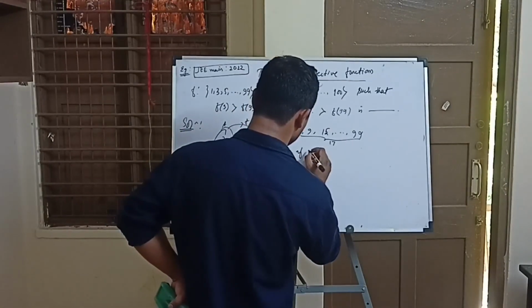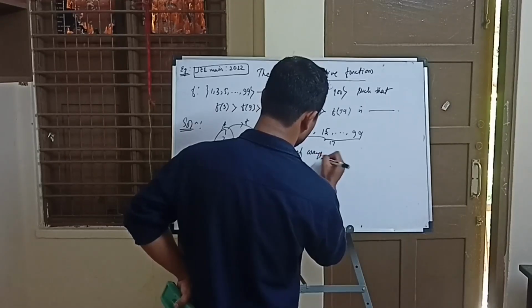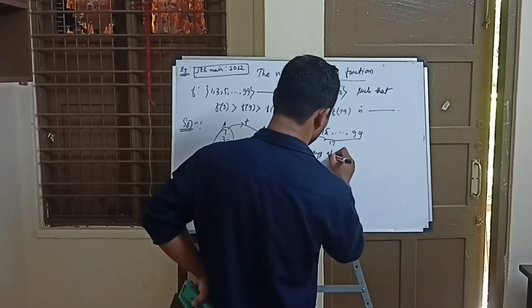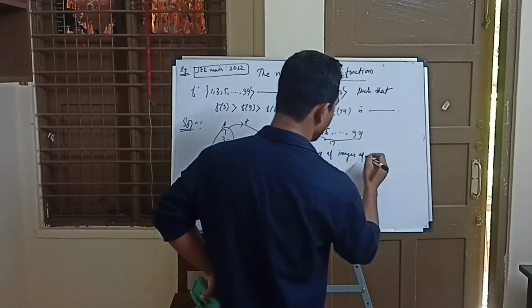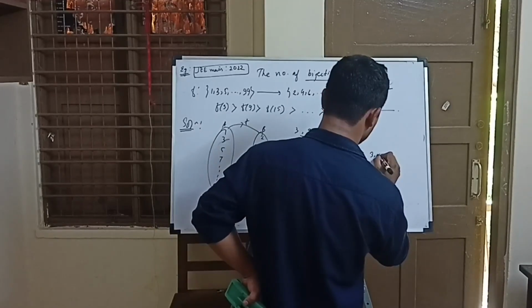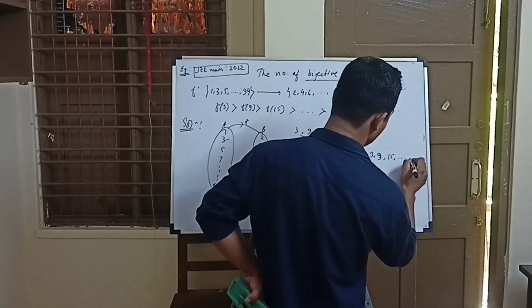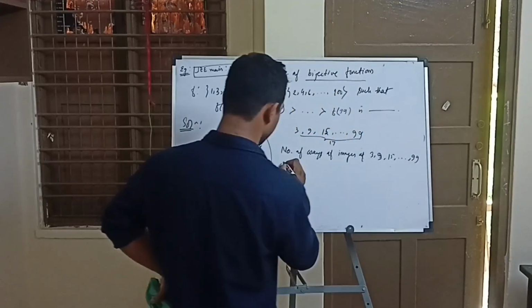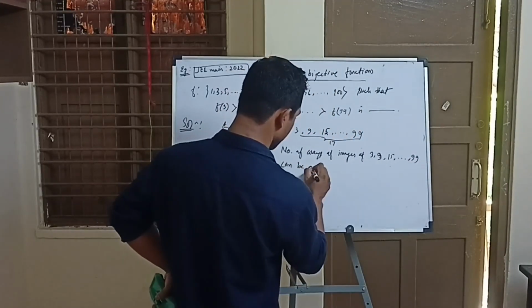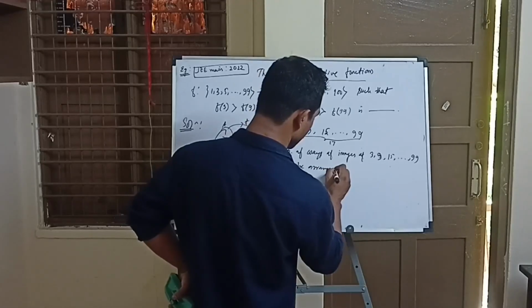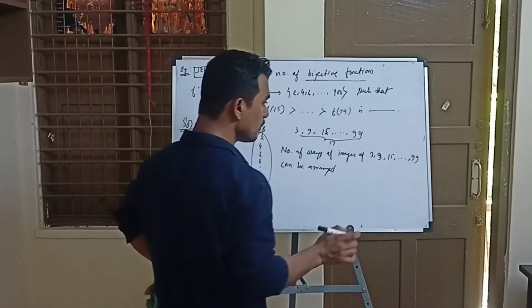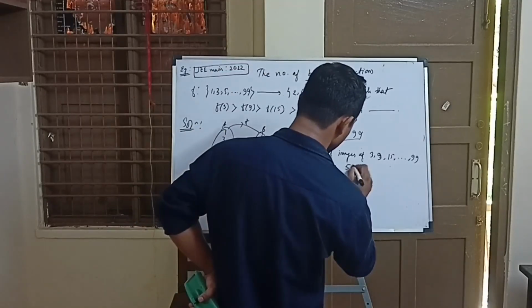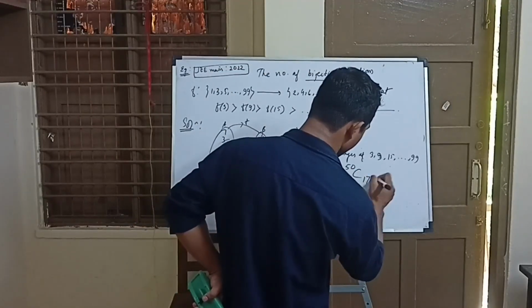The number of ways the images of 3, 9, 15 up to 99 can be arranged: 50 C 17 ways.